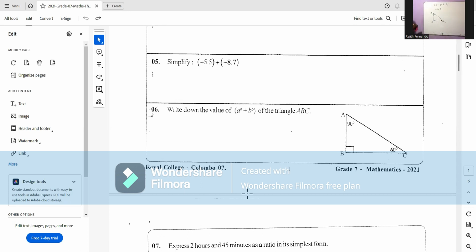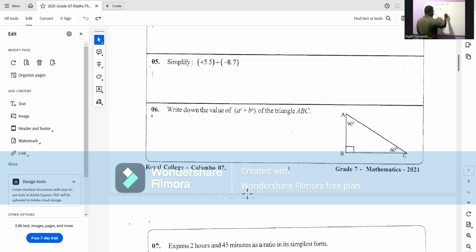What they are asking from you is A degree plus B degree. You know that all three angles add up to 180.